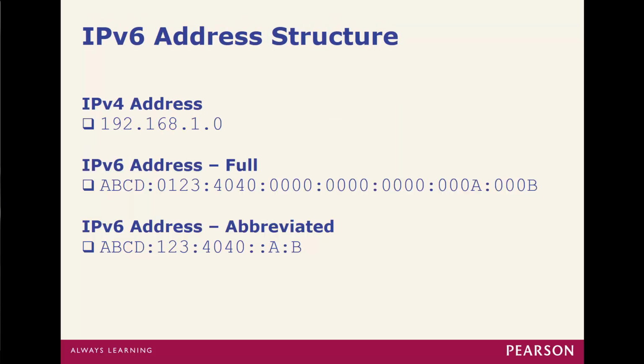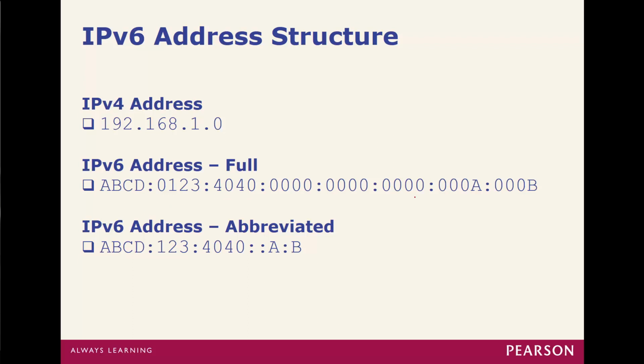An IPv6 address is in hexadecimal. So we're moving away from our 4 groups of 8 bits, and now each group is a hextet: 1, 2, 3, 4, 5, 6, 7, 8, 8 hextets with 4 hexadecimal numbers per hextet.